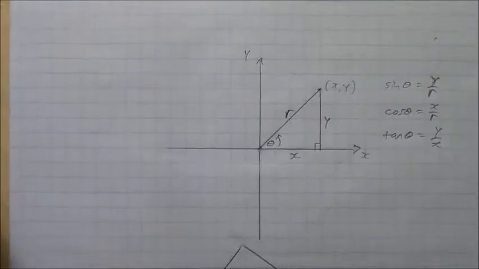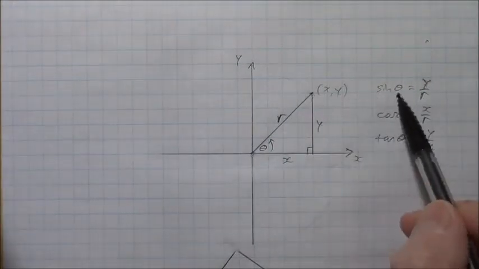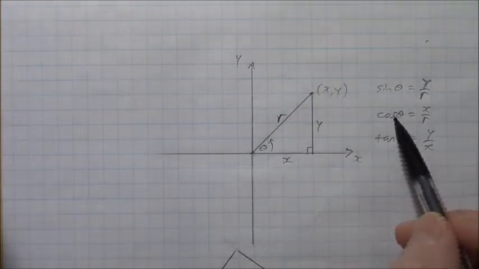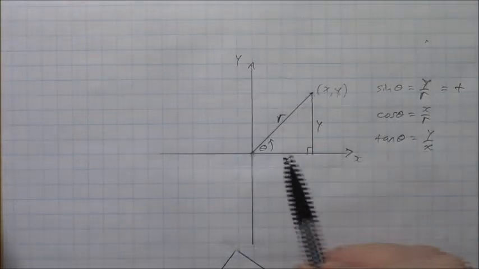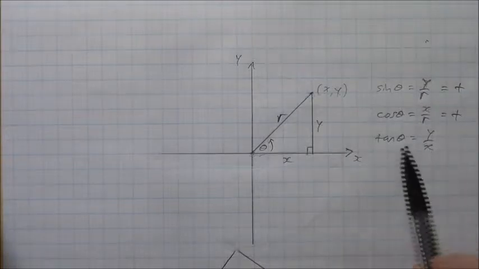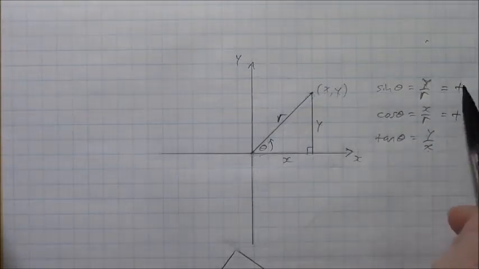Okay, so when you go back up here, for sine theta we've got a positive over an always positive, so that's going to be positive. Cosine is a positive over an always positive, so that's going to give you a positive. And then tangent is y over x, or sine over cosine.